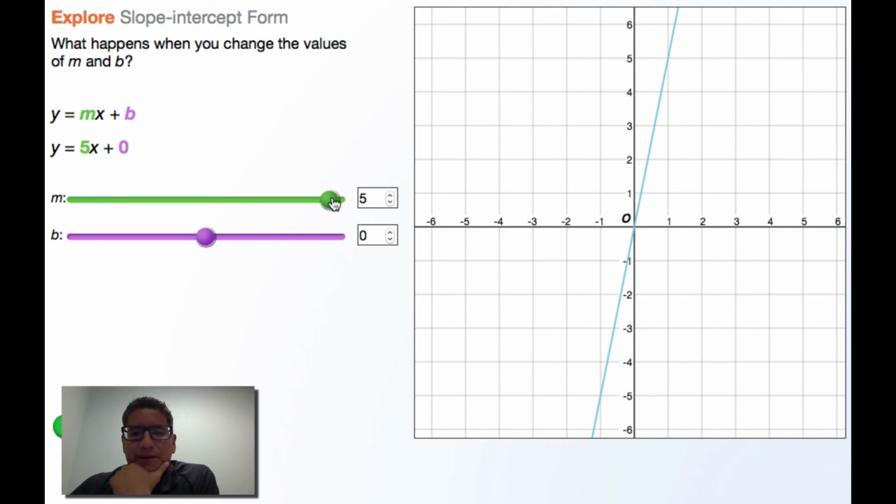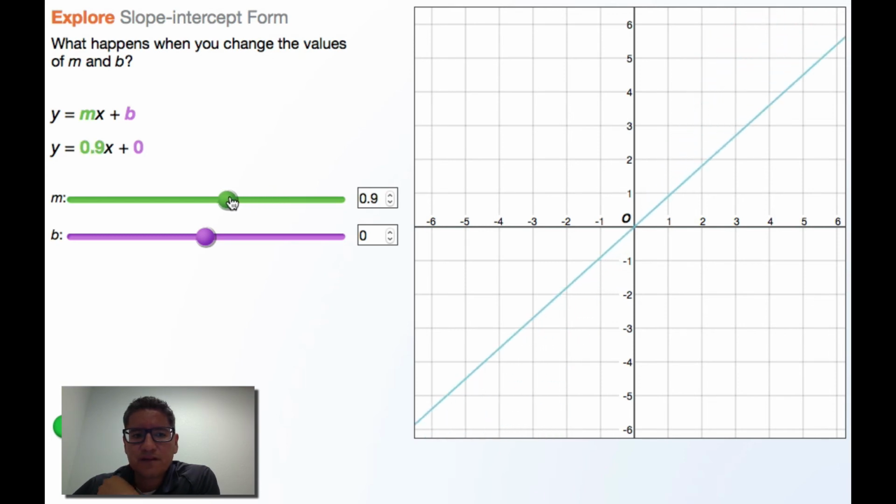Now notice what happens to my function as my slope goes down. Now I'm at 1. Look what happens when it goes below 1. Anytime your slope is below 1 or a fraction, it flattens out. And it makes sense because what's a zero slope? It's just a flat line. It's 0, right?